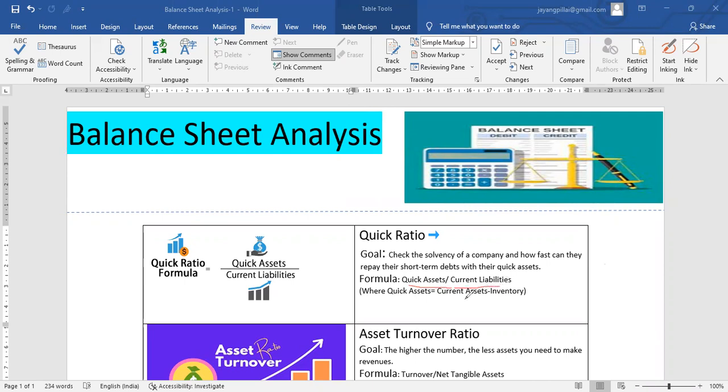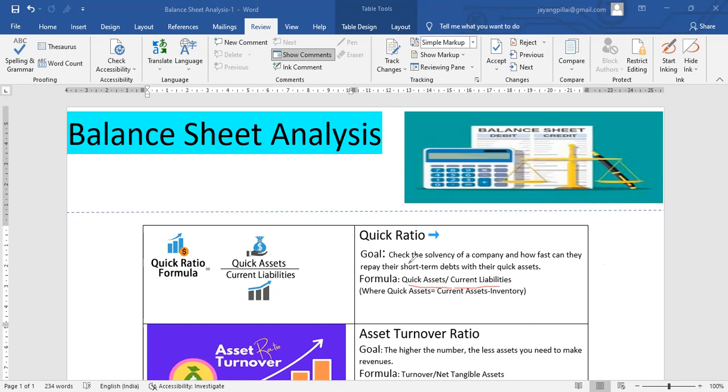So quick assets divided by current liabilities is quick ratio. And quick assets is found by subtracting inventory from the current assets. So current assets minus inventory is quick assets, and dividing quick assets by current liabilities, we get the quick ratio.